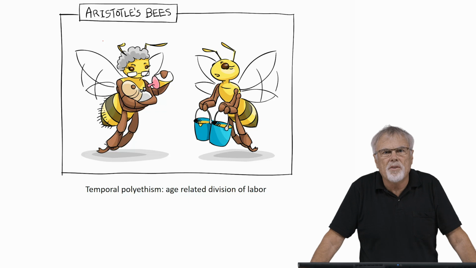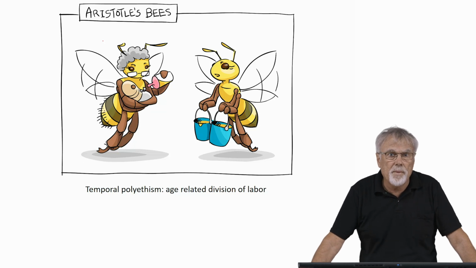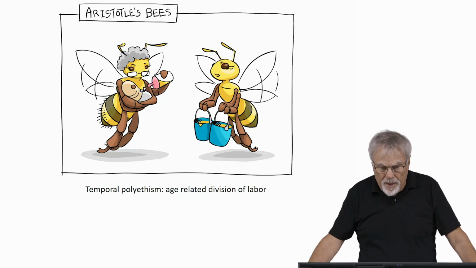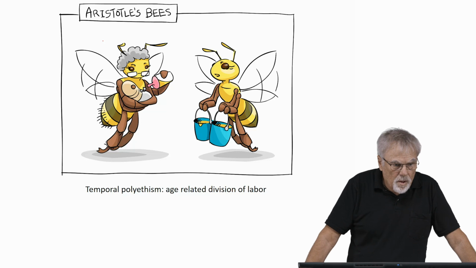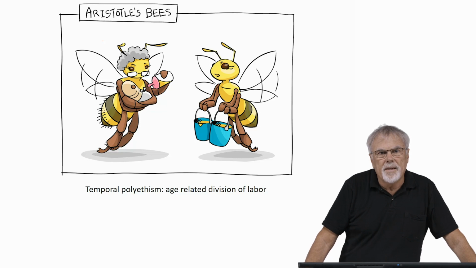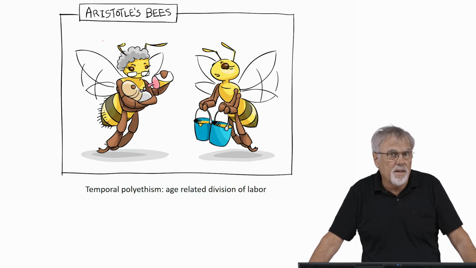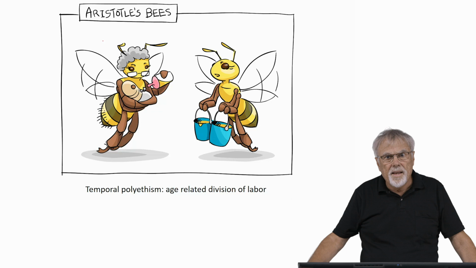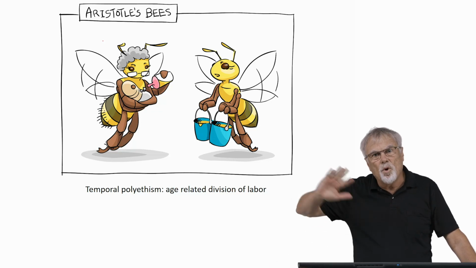Honeybees have a division of labor among the workers, which is partly determined by age. We call it temporal polyethism. This has been known since at least 2,400 years ago, when Aristotle made the observation that the older bees of the colony remain inside and take care of the larvae and the internal tasks, and the younger bees forage.